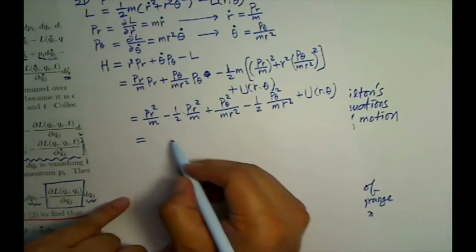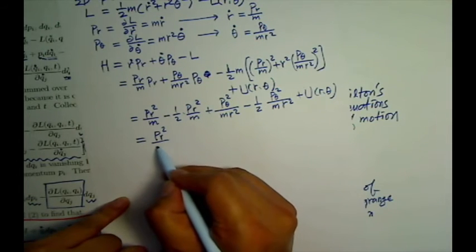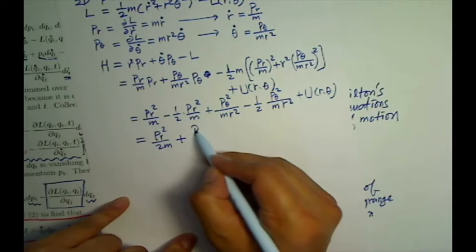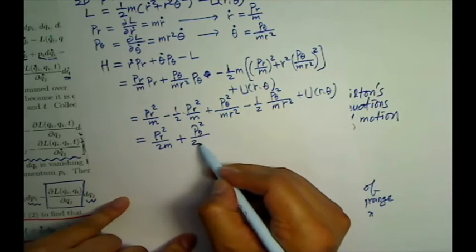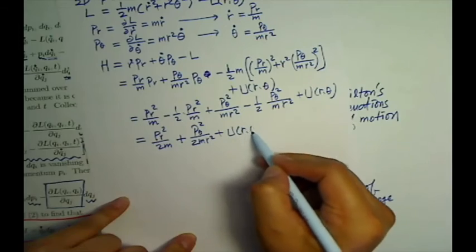Therefore, what we have is p_r squared over 2m plus p theta squared over 2 m r squared plus U(r, theta).